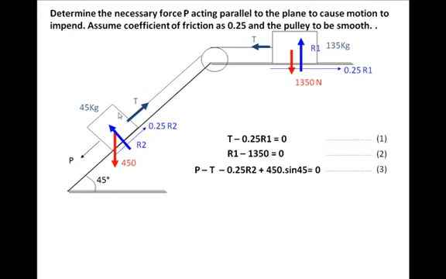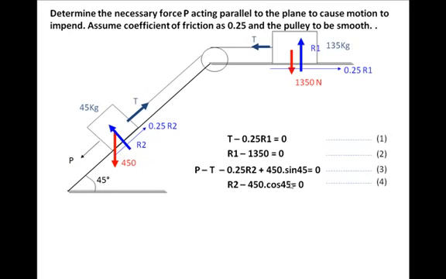Now here, because it is on an incline and the body's sides are also parallel to the incline, we can write for the other body: P minus T minus 0.25 R2 plus 450 sin 45 is 0. That is all forces along the plane. And all forces perpendicular to the plane: R2 minus 450 cos 45 is 0.